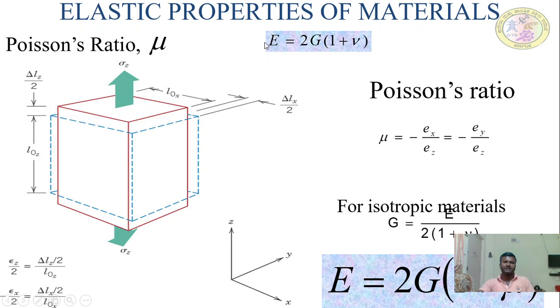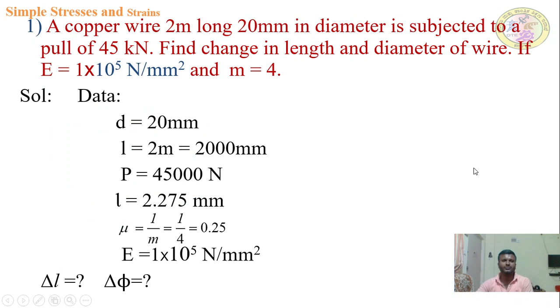We have the equation E is equal to 2G into 1 plus mu. And similarly one more equation, for an isotropic material, G is equal to E divided by 2 into 1 plus mu.